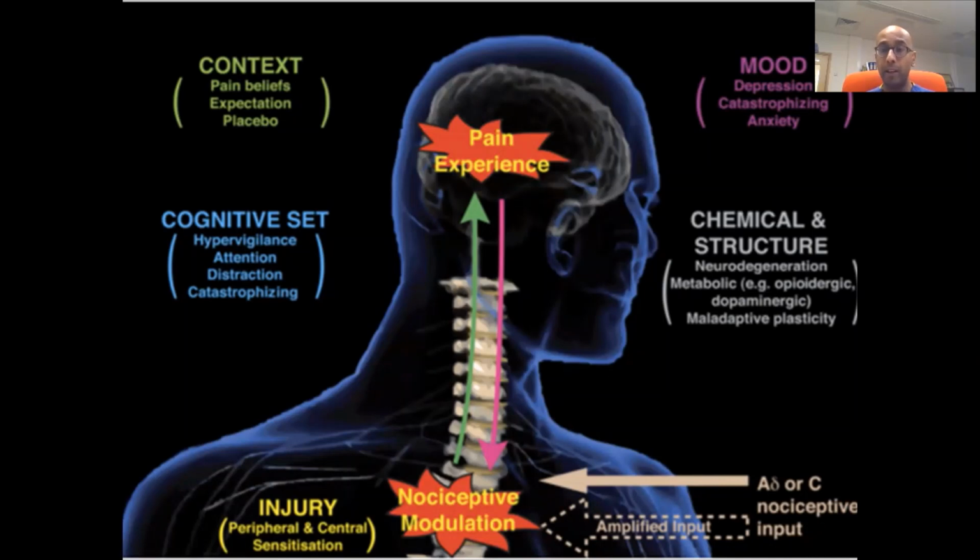It may be through altering chemical pathways via medications. It may be through altering the patient's mindset around pain, so their coping mechanisms, their distraction mechanisms around pain, and it may be through changing the context and their understanding of pain and what that means for their body. And it might also be focusing on the knock-on consequences that occur as a result of pain, be that anxiety, depression, or worry about the future.